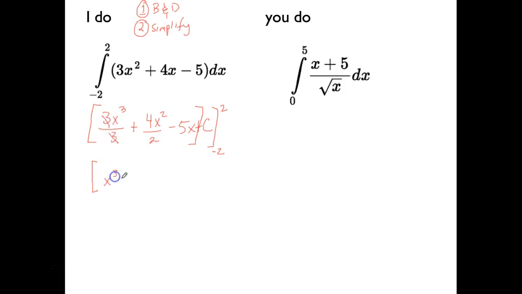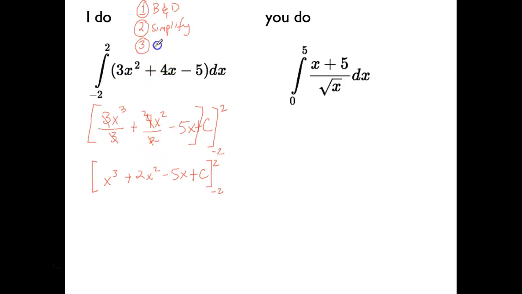So we got x cubed plus, those cancel, leaving me with a 2, 2x squared minus 5x, and I'm going to have a plus C at the end here. I am not going to be writing this plus C in the future, and you'll see why in a little bit.